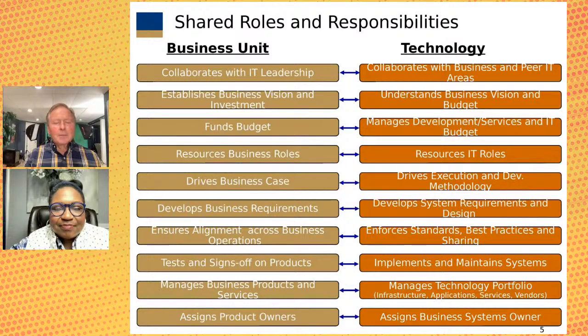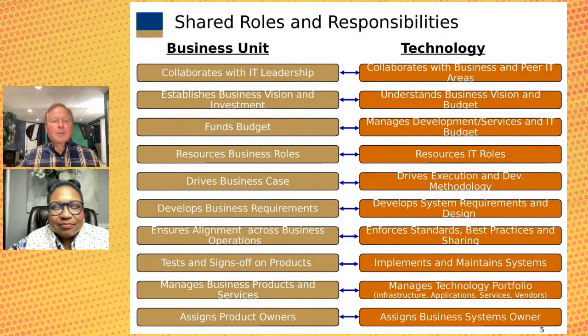And here we're going to talk about how your organization will interact with the business. Because there are obviously shared roles and responsibilities, not only within IT, but between IT and their business partners. So let's take a look at this. On the left, you'll see we have the business unit, and on the right, we have the technology organization.